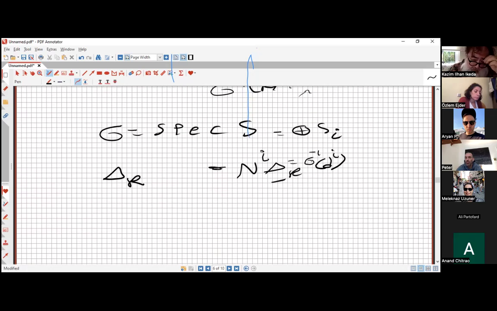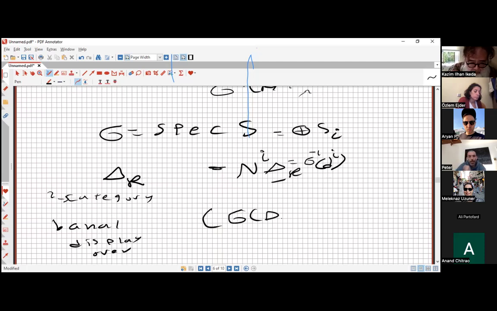And the prestack of Banal displays over R, the category, has as objects elements of G of delta R, which morally are my divided Frobenius.